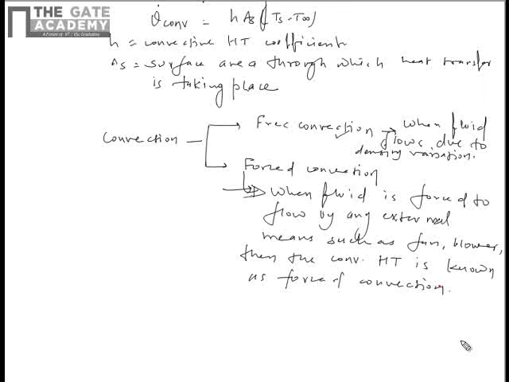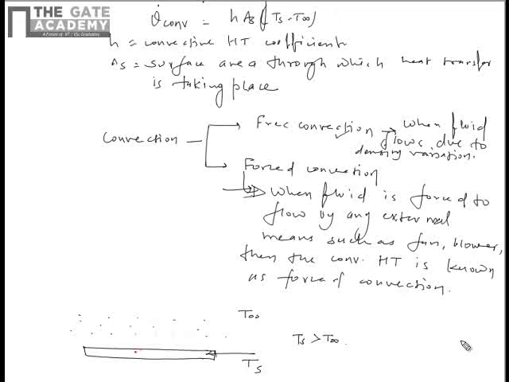If we consider a situation, let us say this is a solid surface and its temperature is Ts, and the surrounding air is at temperature T infinity, and there is no external means which is forcing this air to flow over the surface. Let us say Ts is greater than T infinity.